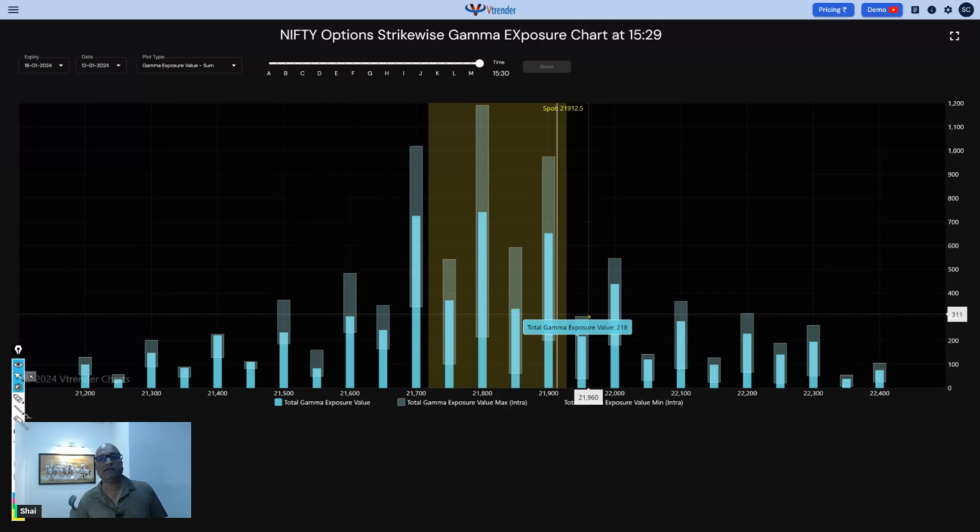Pinning, pinning effect. It's like one stack of column where the entire market is. Now, what exactly is the pinning effect? A pinning effect is a market 100% sure that this is the zone in which the closing or the settlement price would be.